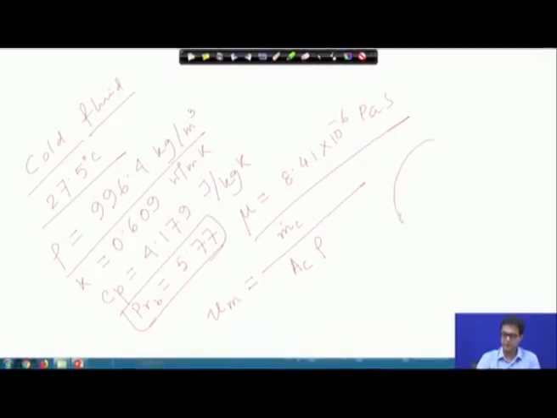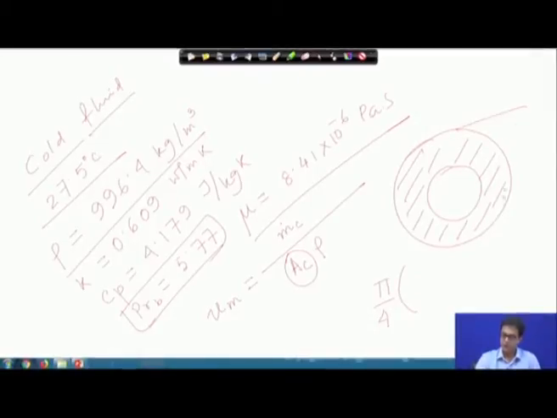What is that A_c? It is the free flow area, the cross sectional area, and we can find it by pi by 4 times d_i square minus d_0 square, where d_i is the inner diameter of the outer tube and d_0 is the outer diameter of the inner tube.